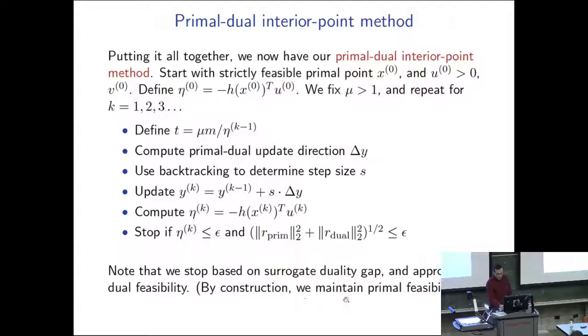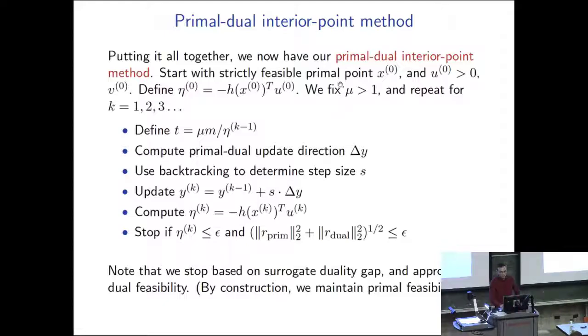I wrote down here by construction we maintain primal feasibility. I could have written a bit more to make that more clear. What I meant to say is that if we start with point x0 that satisfies Ax0 equals b, then this Newton update we take is going to preserve that. It's actually going to always keep us in the equality constraints. And backtracking is always going to ensure that hi of x is strictly less than 0.